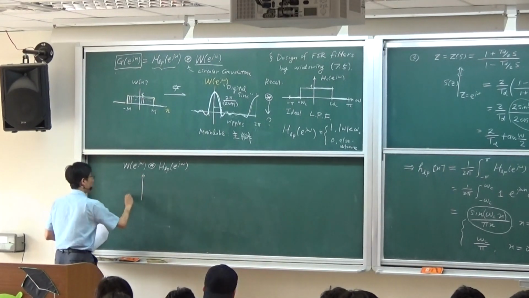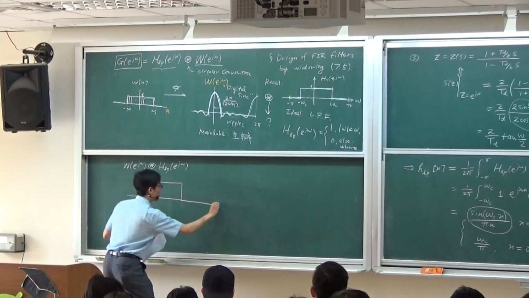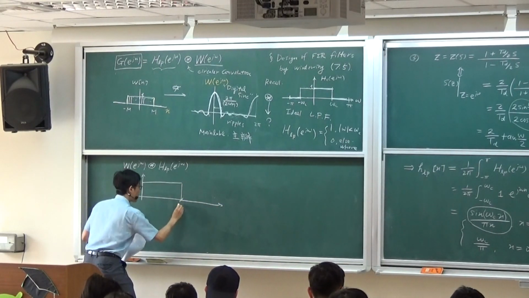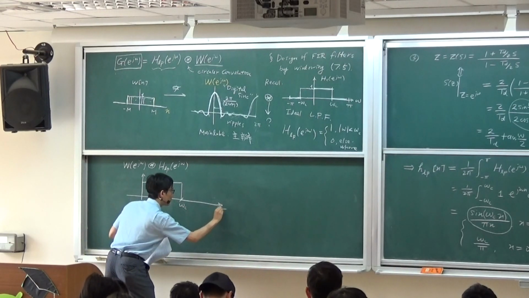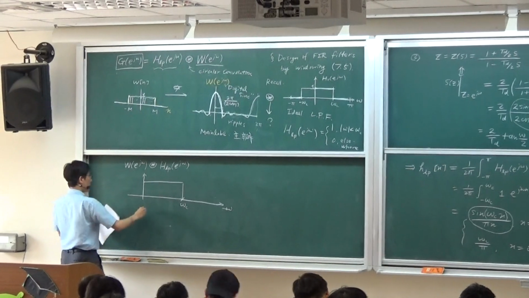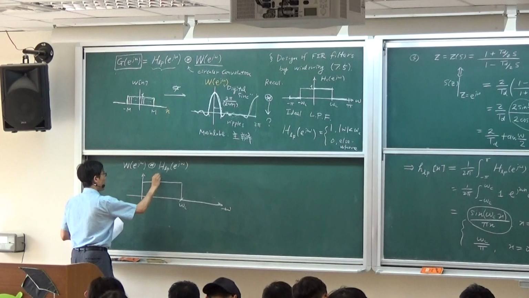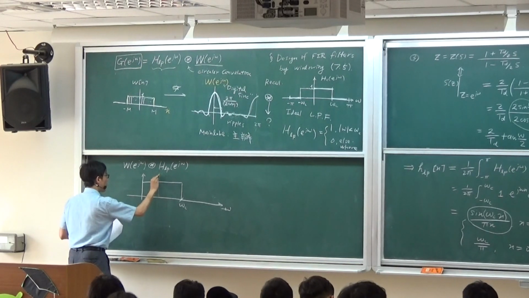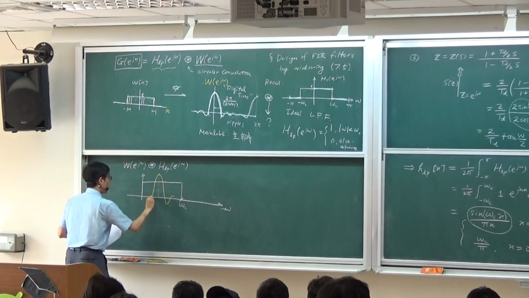On one hand, we have the ideal response. Remember, the ideal response should cut off exactly at omega c. And on the other hand, we have, let me just draw a copy of the window transform.